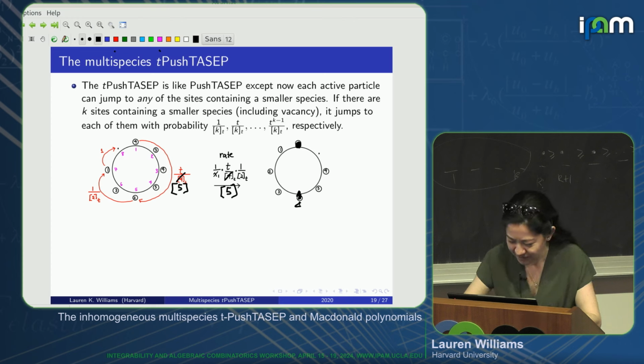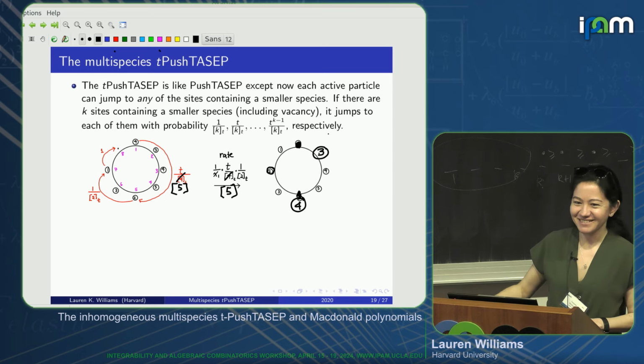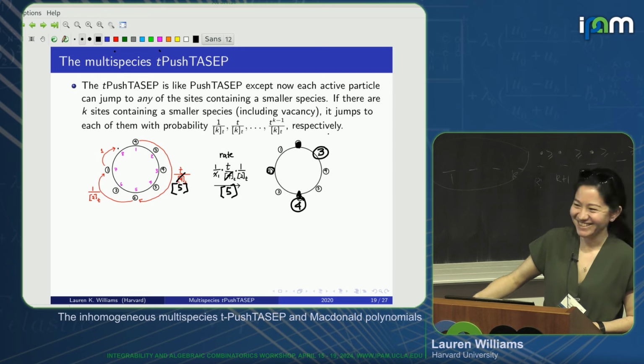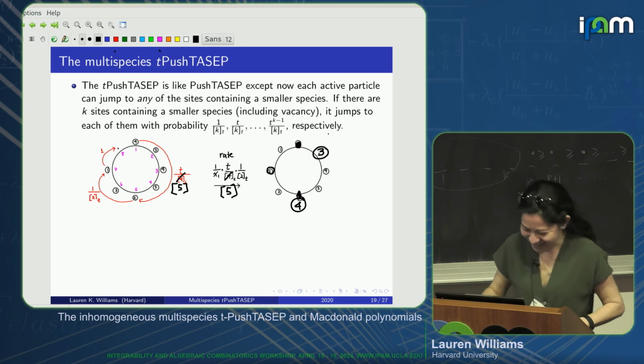So this is where 4 is supposed to be. And then my 2 woke up and displaced the 1. So this 2 here is actually correct. And then the 1 woke up and displaced the vacancy. So that's where the 1 is. And this was always a 3 and stays a 3. All right. Do people agree? Yeah. Okay, great.